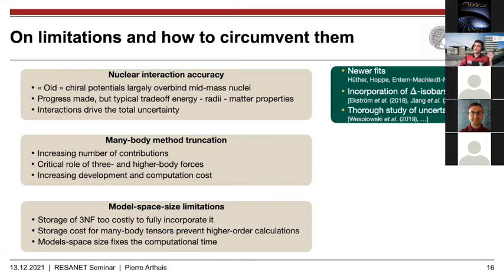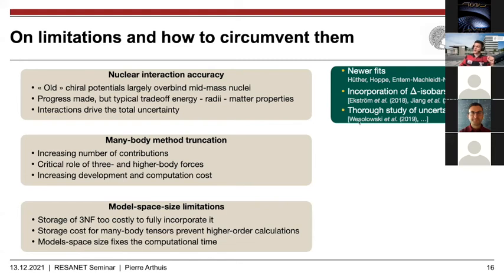So in the case of the nuclear interaction, as I've started to mention, newer Hamiltonians with newer strategies for fits are being developed. Another huge thing recently is that people are starting to incorporate the delta isobar in the chiral EFT description, in addition to the pion and nucleon degrees of freedom.